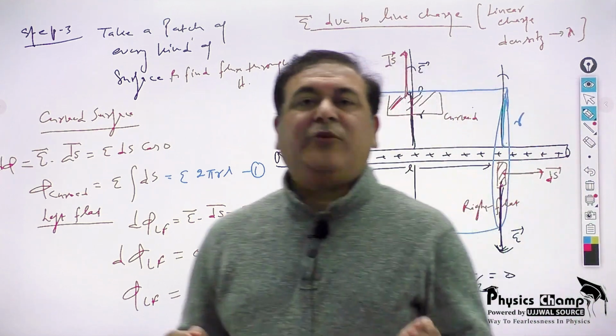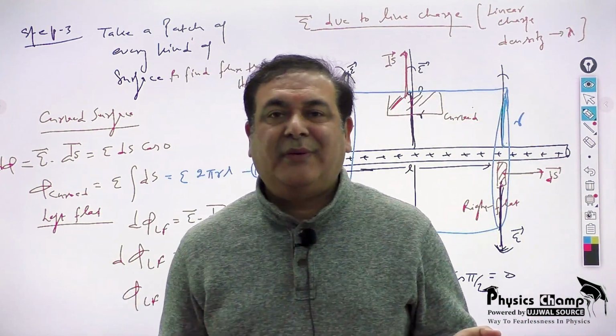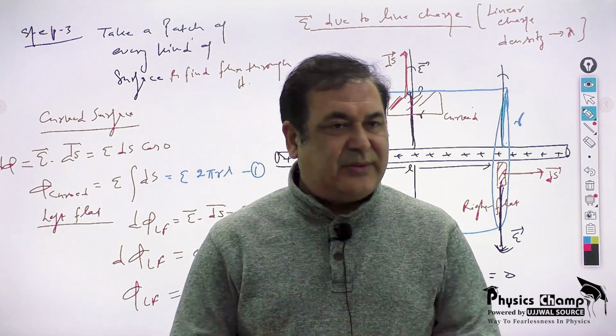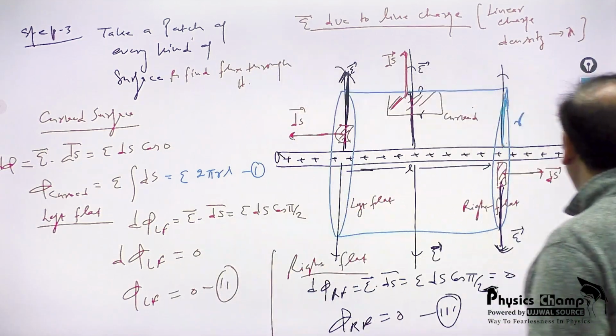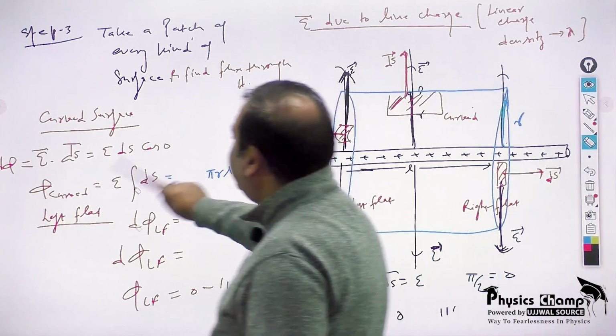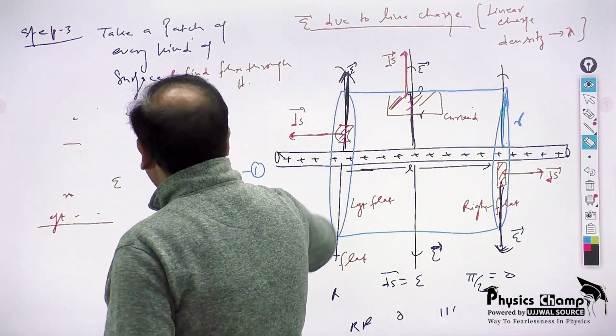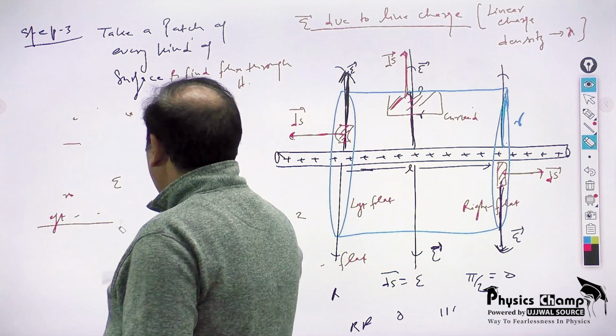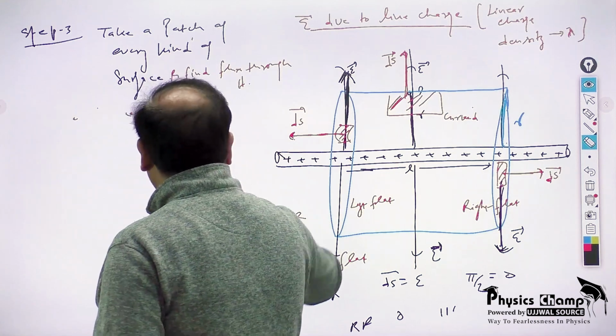Take a patch on every kind of surface and then find the flux through it. In this whole arrangement we have obtained certain results. I am writing them here, and then I will introduce step 4.